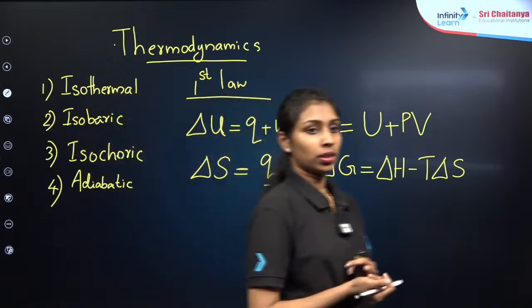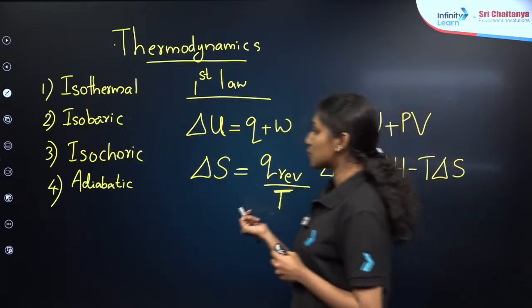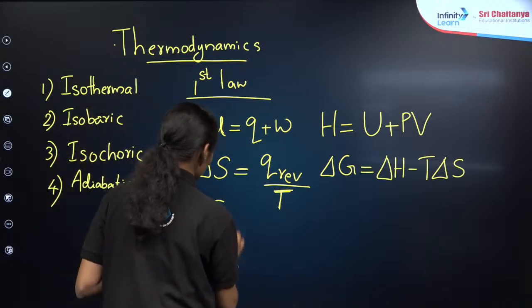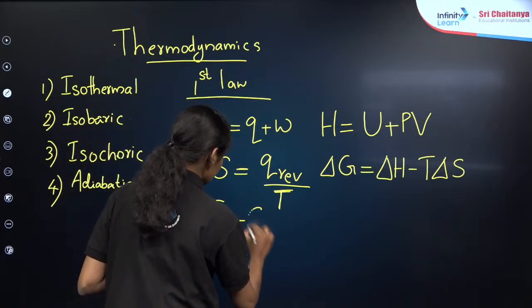Then we moved to another formula, the heat capacity, right? There are 2 types of heat capacity, Cp and Cv.